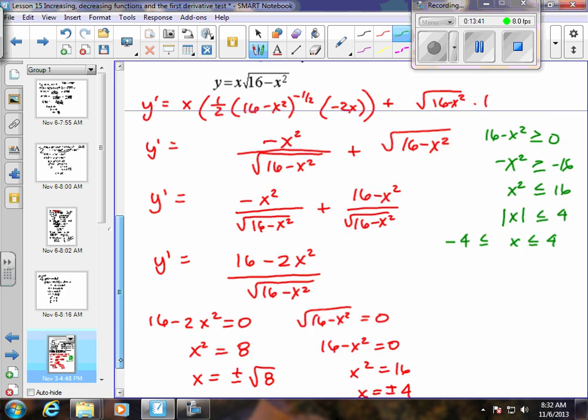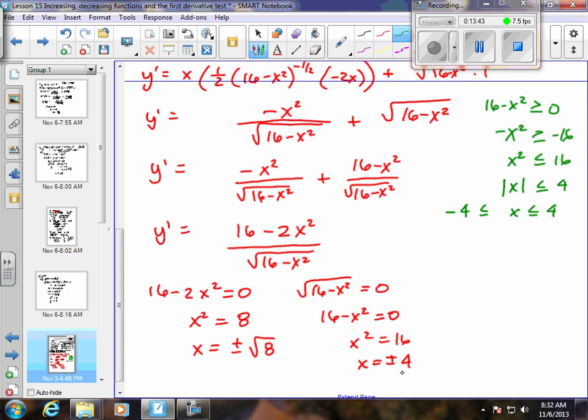Well, 4 and negative 4 were 2 of our critical numbers. So now they're not actually critical, they're the endpoints of the domain, which means they can't necessarily be a max or a min.